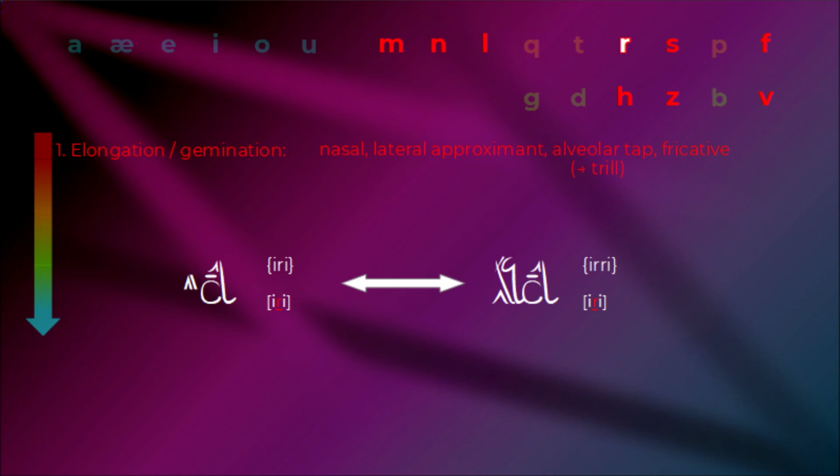So if your standard way of pronouncing this letter is any other than the alveolar tap, r, then just make sure to lengthen the consonant sufficiently as to make the distinction clear. iri, irri. Exactly. Then we have the H sound.